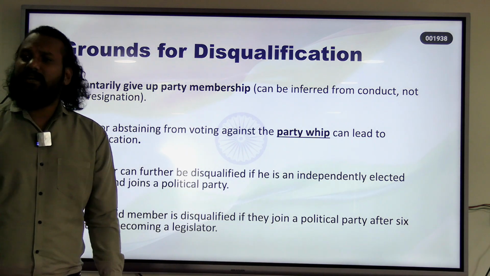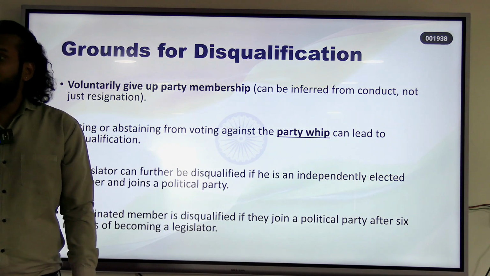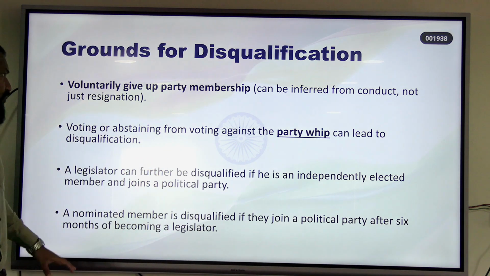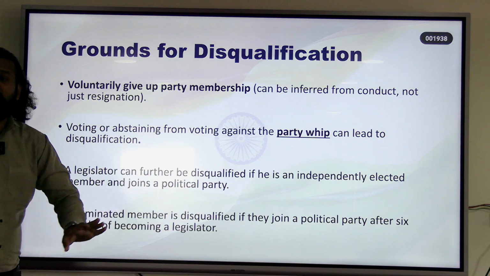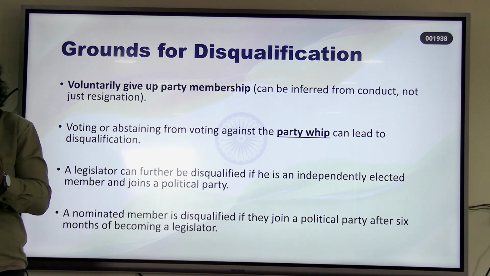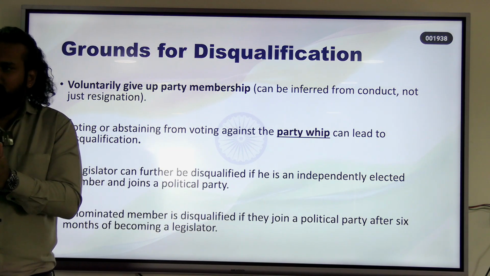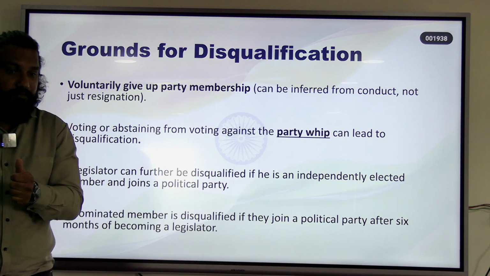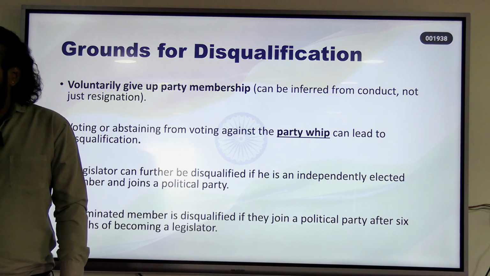Then what are the grounds of defection? That is, what comes under defection and what does not. Here there are four grounds of defection. A party member is different from a party legislator. A party legislator is one who contests the election from that particular party and wins.